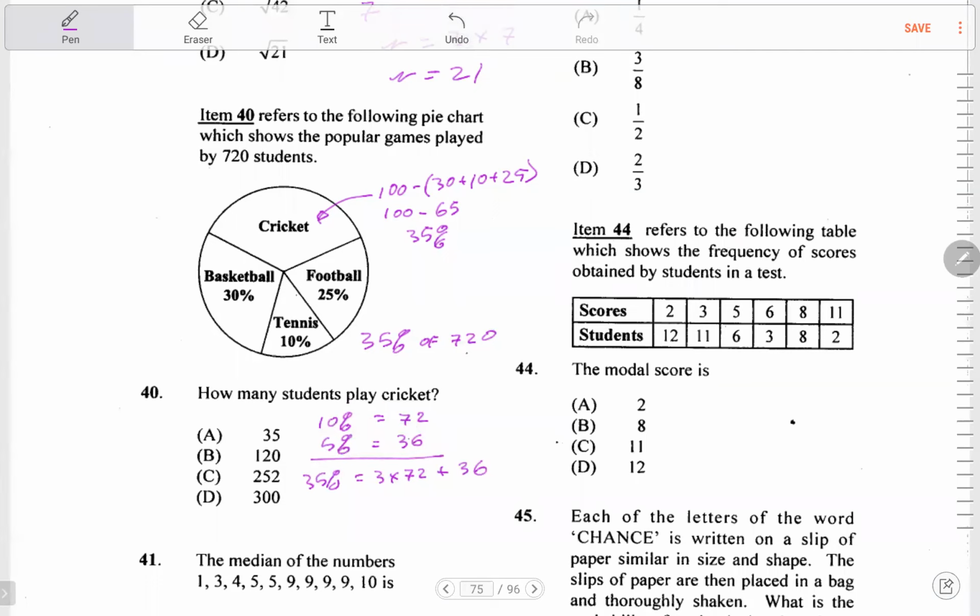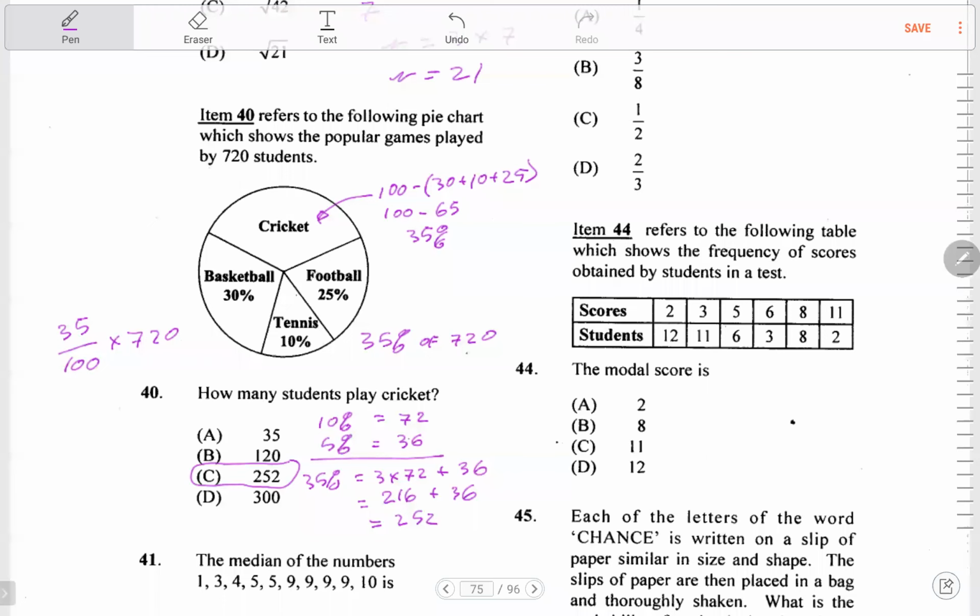Now 3 times 72: 3 times 70 is 210, and 3 times 2 is 6. So 210 plus 6 is 216, plus 36, and that gives us 252. So that's how we can work it out without a calculator. But you could simplify 35 over 100 times 720 and you get the same answer. You could just simplify by dividing through by 5 and work your way down.